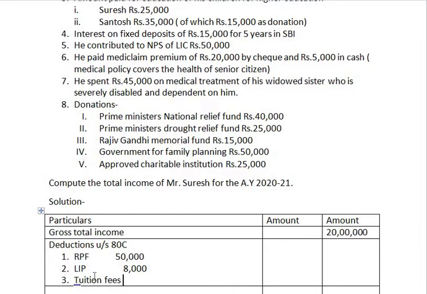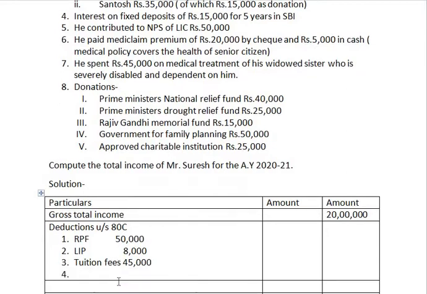So both together we get 45,000 as amount spent for tuition fees. Coming to next, interest on FD. How much interest has he paid on fixed deposit? He has received interest on fixed deposit of rupees 15,000. Not paid, it is received.